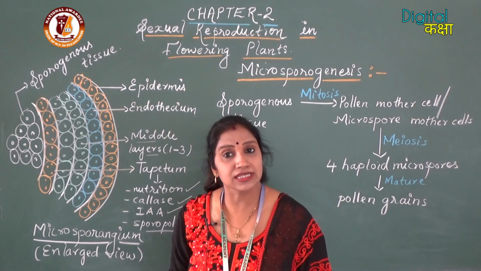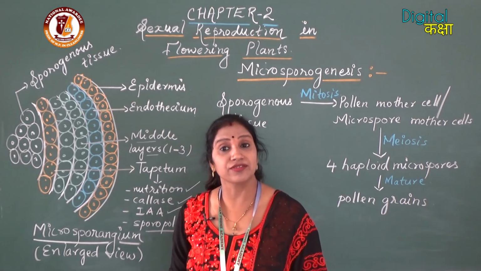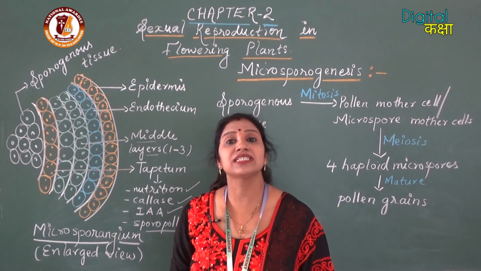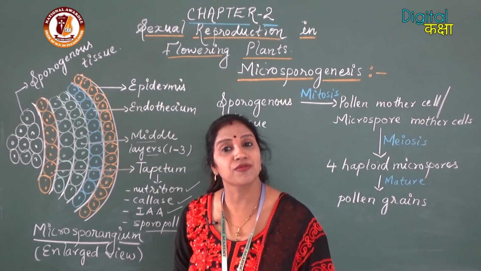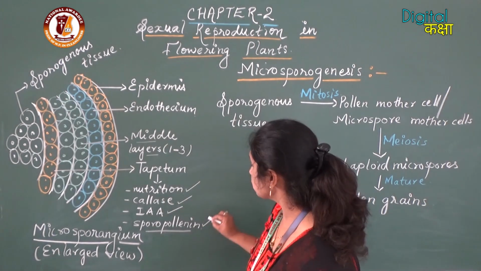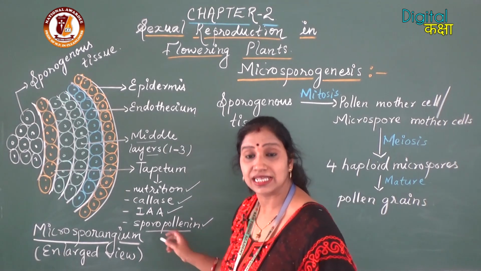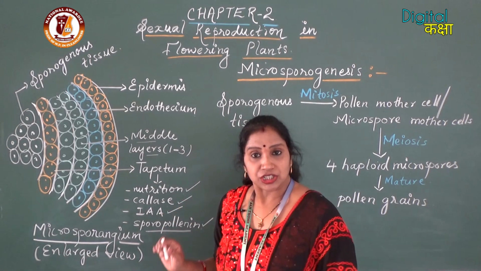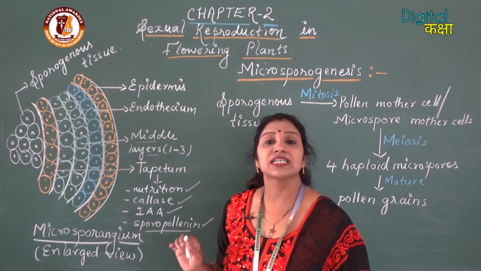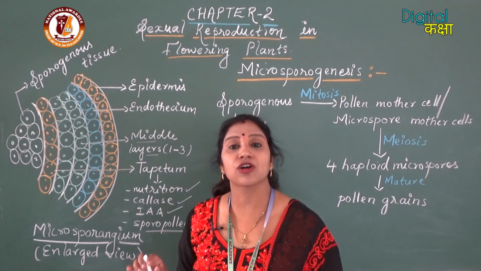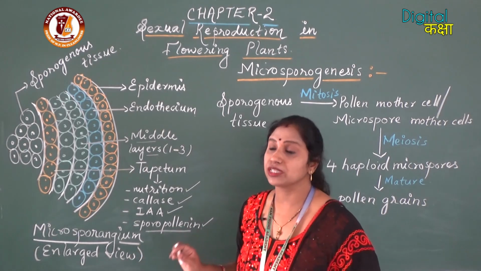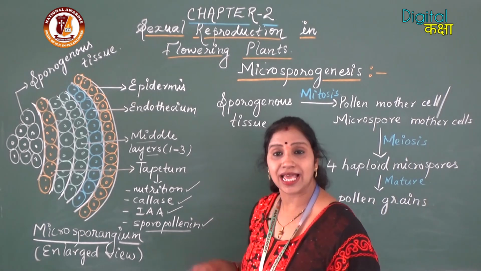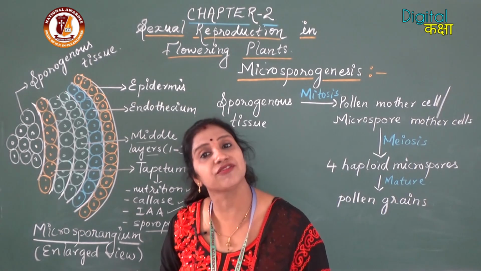The importance of sporopollenin we will study when we deal with the structure of pollen grain. So the fourth function is the production of certain chemical constituents of pollen grains, which include sporopollenin and some other protein factors.